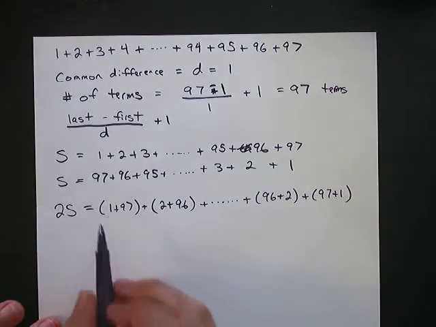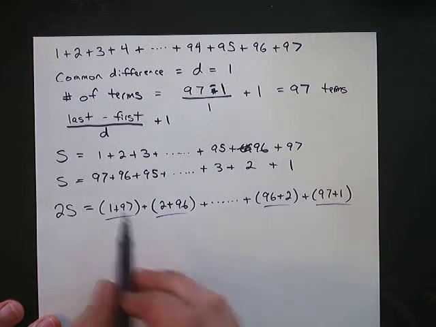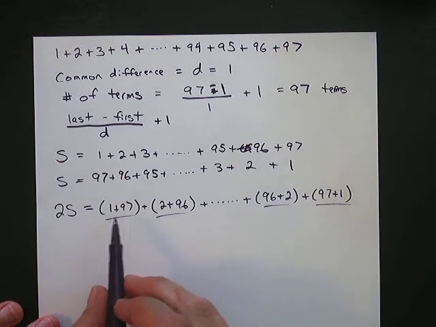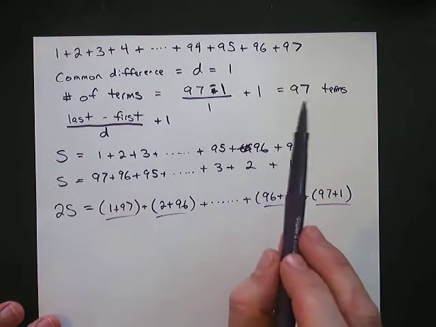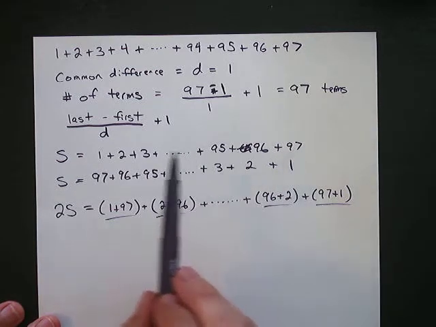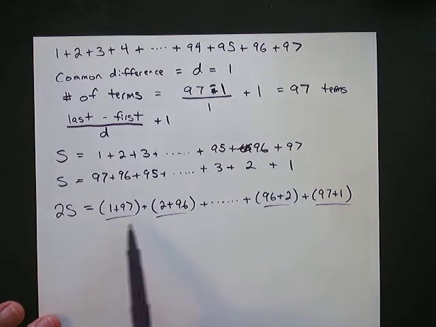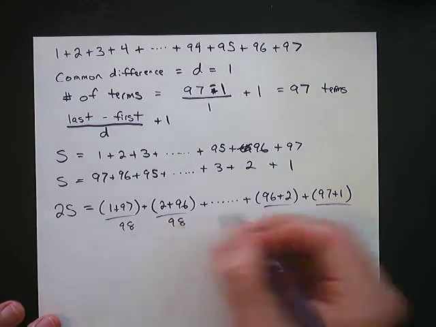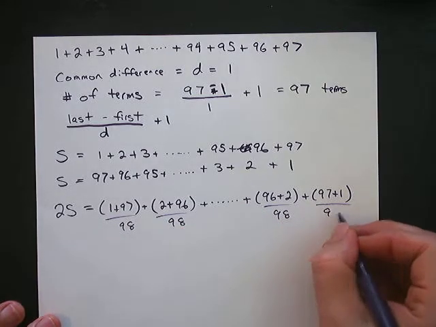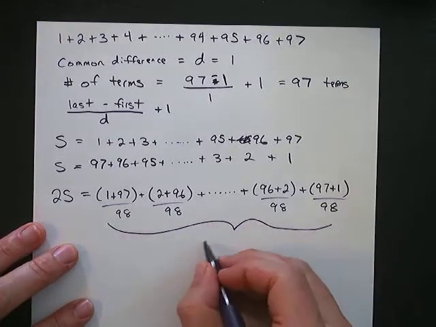Now, how many of these parentheses do we have in this? Well, there should be the same number of parentheses as there are terms in either one of these, right? Which we already figured out is 97 terms. So if we paired them together like this, there's 97 parentheses. Each one of these parentheses adds up to 98. So how many 98s do we have total? Well, we have 97 of them.